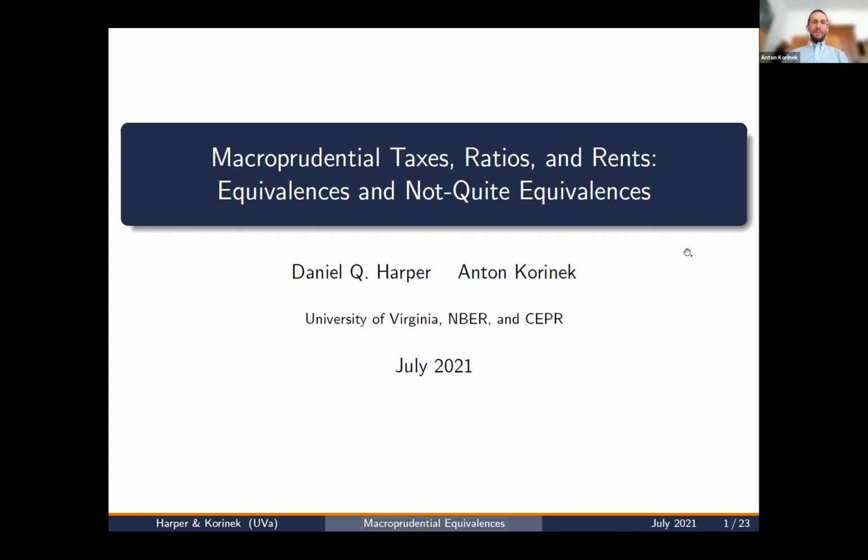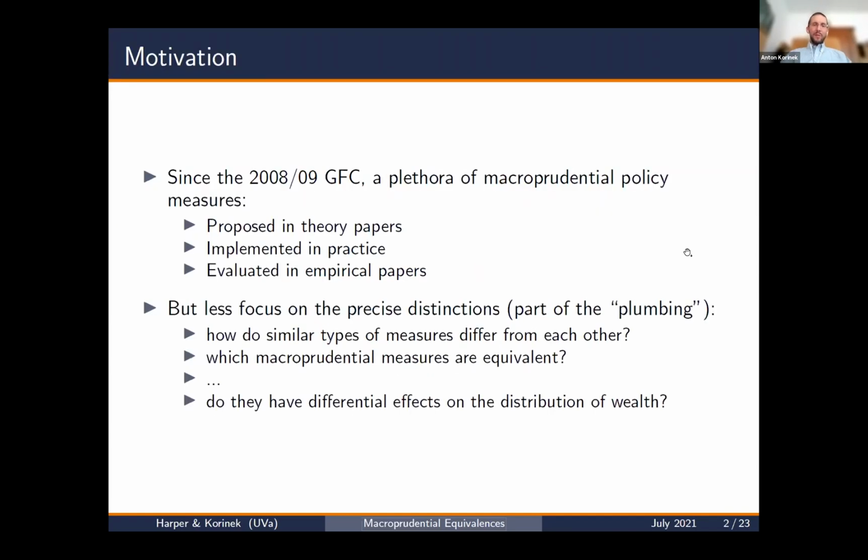So what this paper is about is the following. Since the global financial crisis over the past dozen years or so, we have seen a whole plethora of macroprudential policy measures. There have been lots of different measures proposed in theory papers, implemented in practice, and also evaluated in empirical papers.